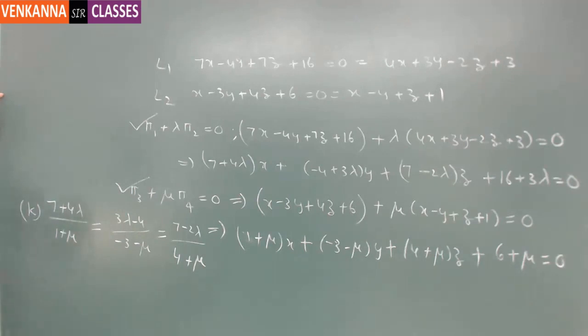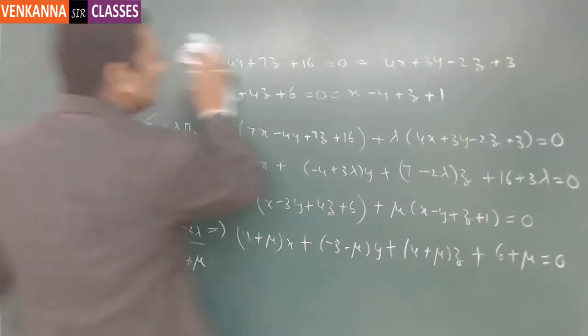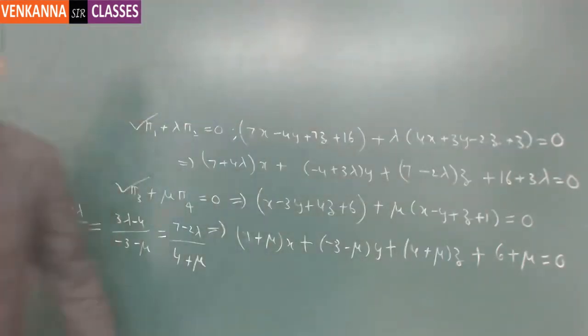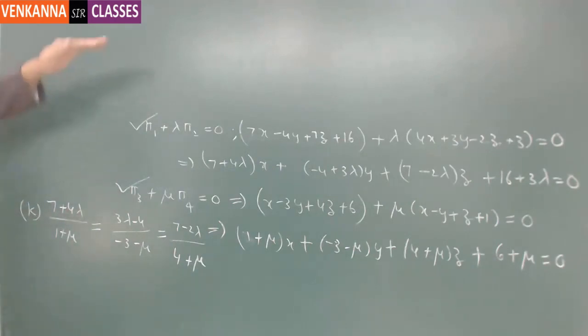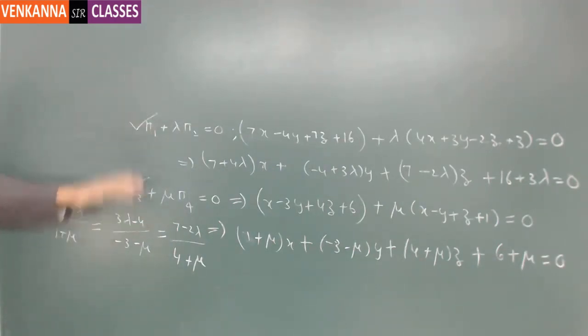I want to give the rough idea for the simplification part, because it takes a lengthy procedure. If you write it on paper, it nearly takes 2.5 pages, or 2 pages.